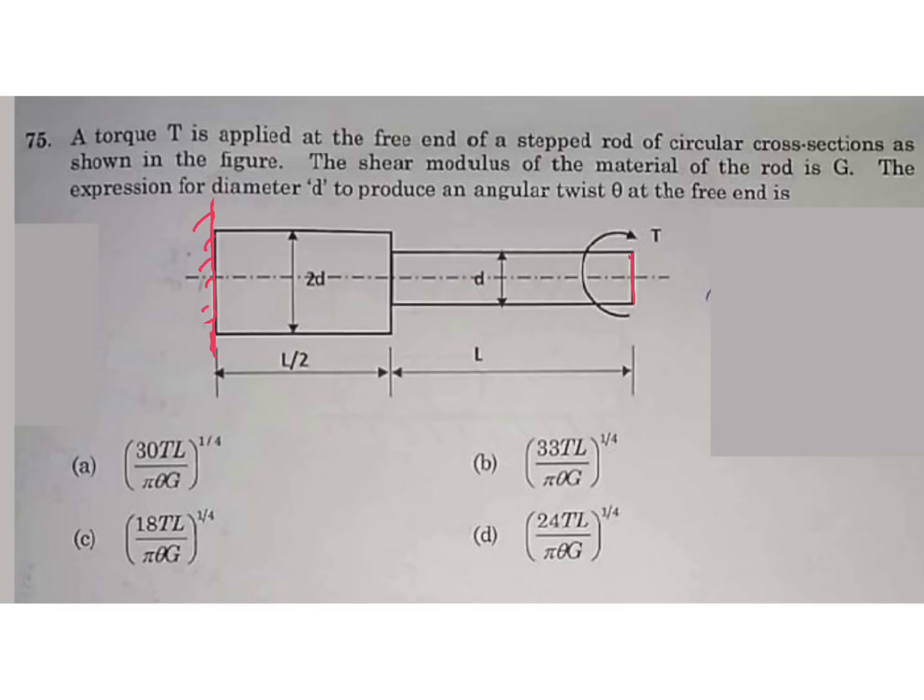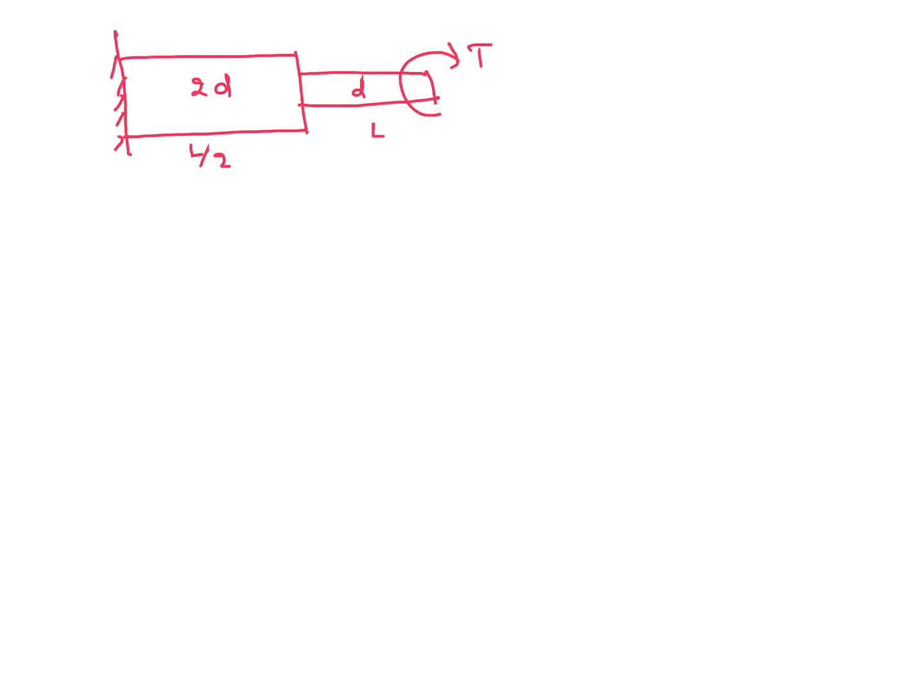Our formula is T by J equal to G theta by L equal to tau S by R. This formula we will use here. Theta equal to TL by GJ. So this is series connection of shaft. T equal to T1 equal to T2. Theta equal to theta 1 plus theta 2.